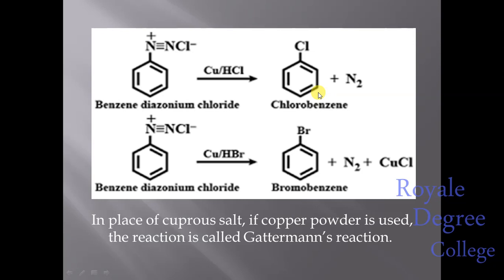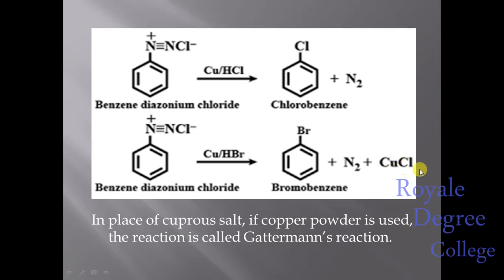Next is benzene diazonium chloride. In that, if you are adding copper and hydrogen bromide, then what will happen here? This N2 group is coming out as nitrogen gas. Then this Cl reacts with Cu, and we are getting CuCl.